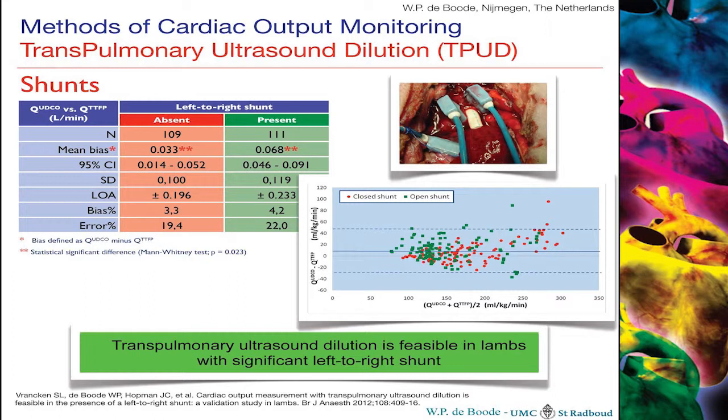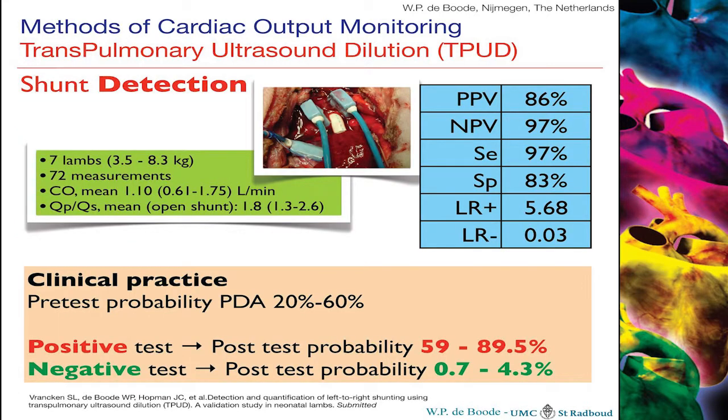And what we see is that it's also feasible in lambs with a significant left to right shunt, up to a QP-QS ratio of 2.5. So this method is applicable in a shunt circulation.